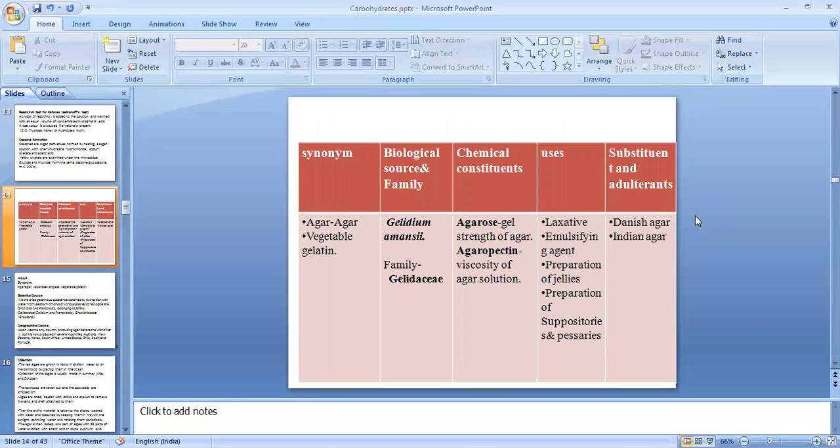For your easy remembrance, you can make a tabular column like this. You can add all the drugs together, which will be helpful for you during the practicals, as well as during theory and from the viva point of view. You can make a tabular column with the synonym, biological source and family, chemical constituents, uses, substitutes and adulterants.